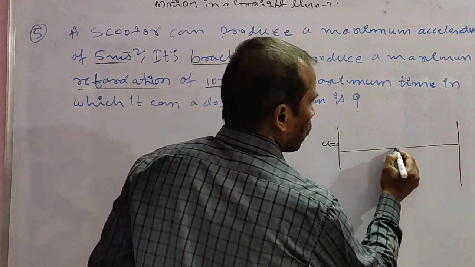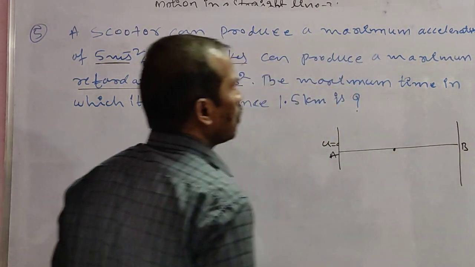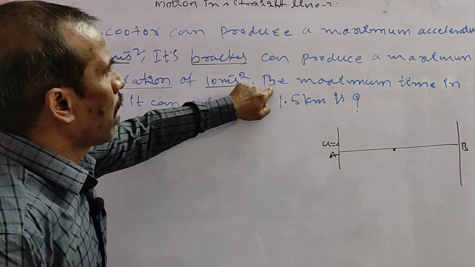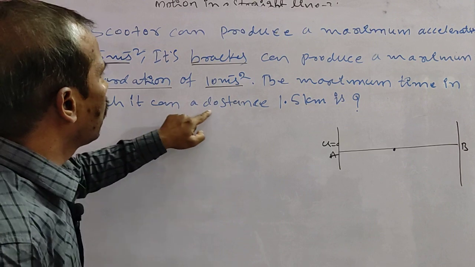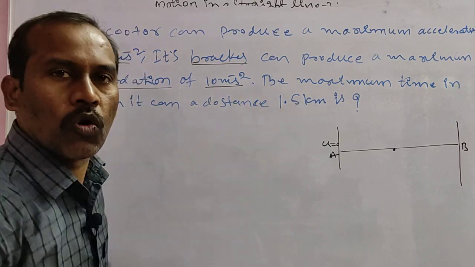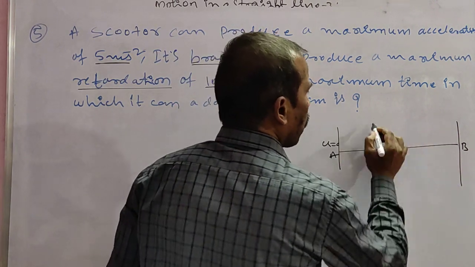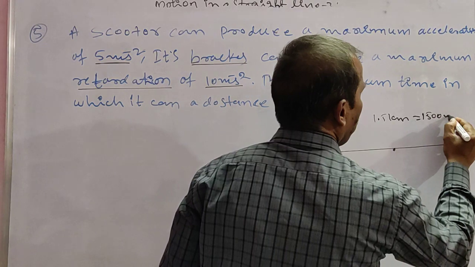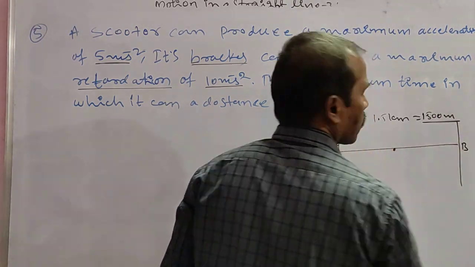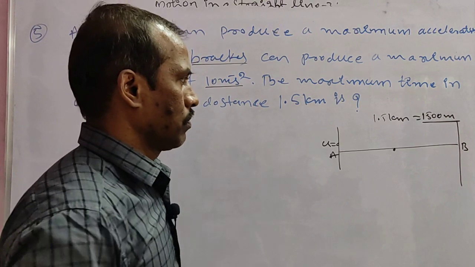Point C is in between A and B. The distance between A and B is 1.5 kilometer, that is equal to 1500 meters.